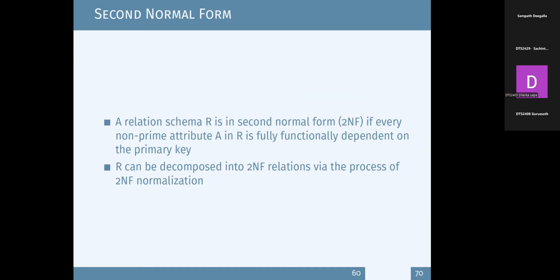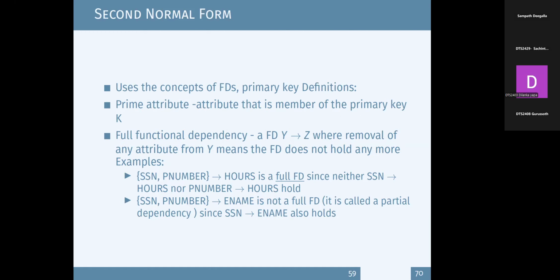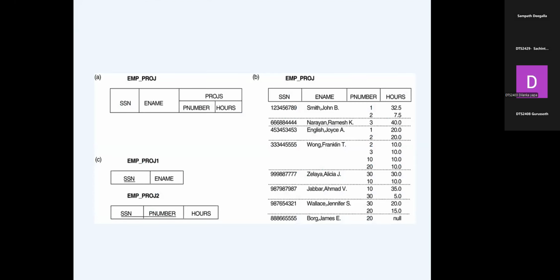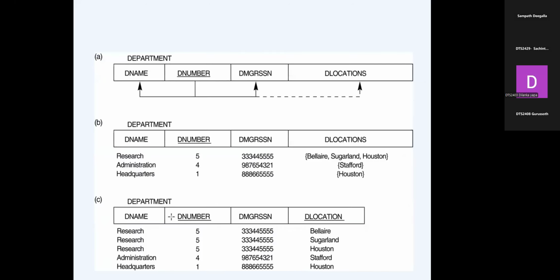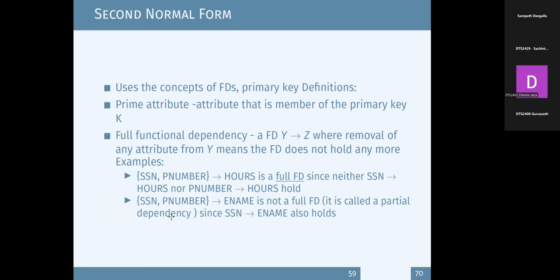Okay, if you go back to our previous one, you will see situations like this. For example, here we have one attribute in the primary key. Here we have 2 attributes for the primary key, right? So this is what we consider when you have more than one attribute forming the primary key, right?